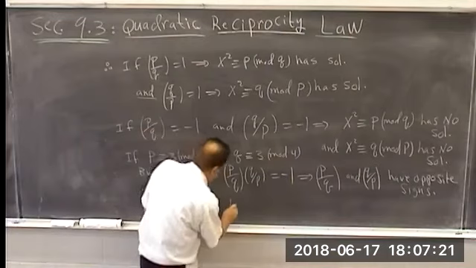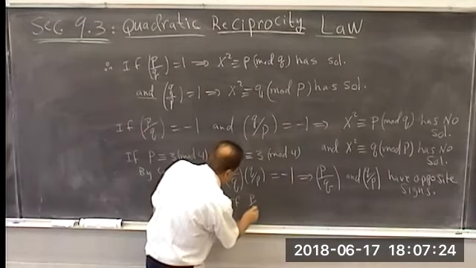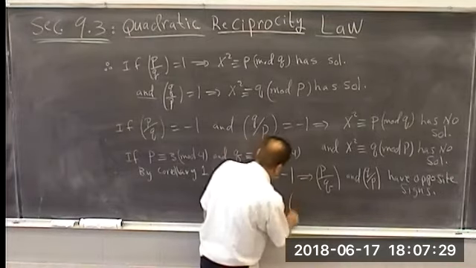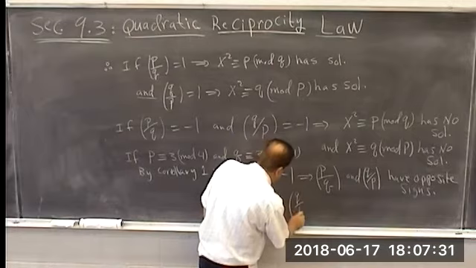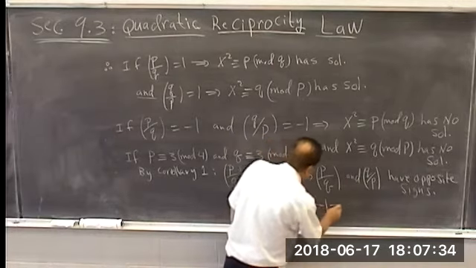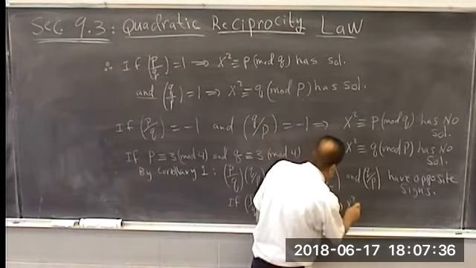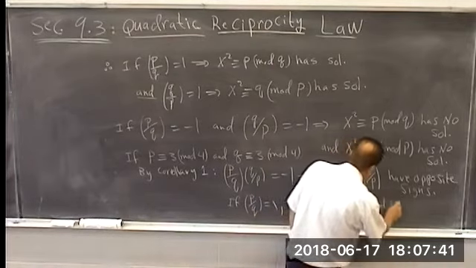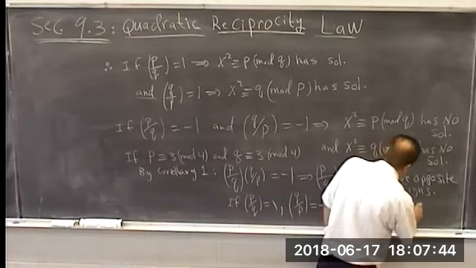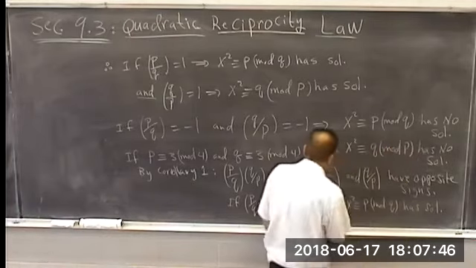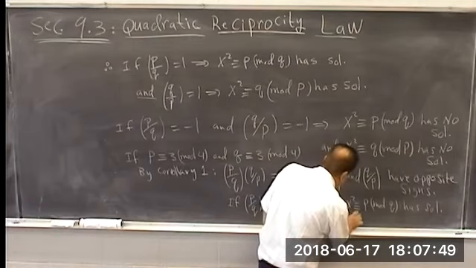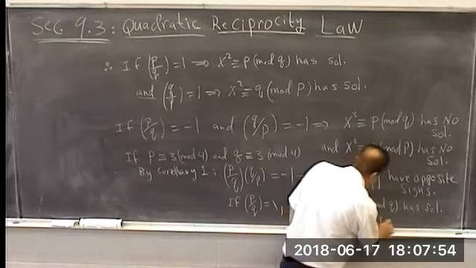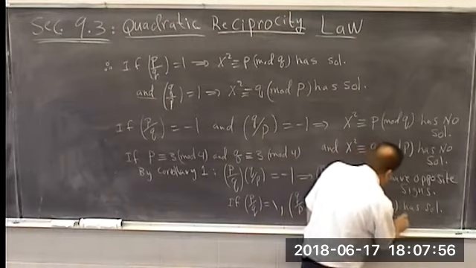If P over Q is 1, then Q over P is going to be -1, and this means X squared congruent to P mod Q has a solution, and then the other one, X squared congruent to Q mod P, has no solution.